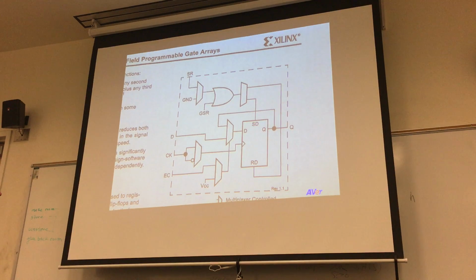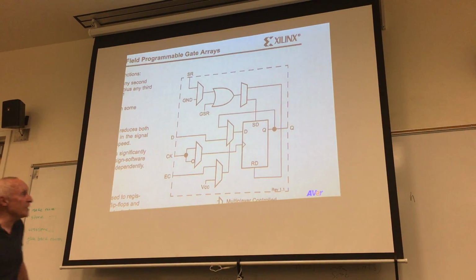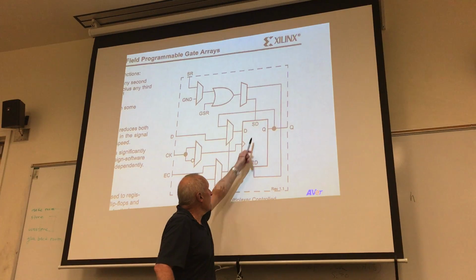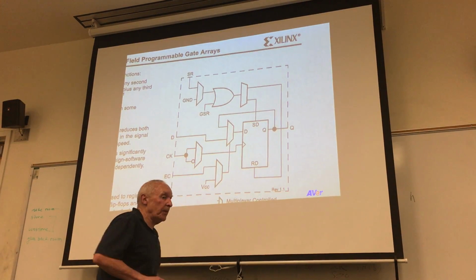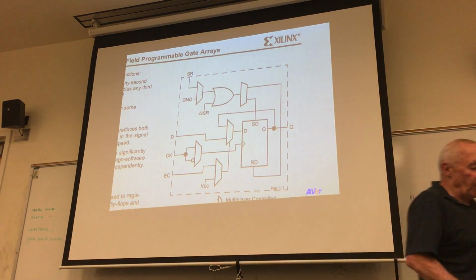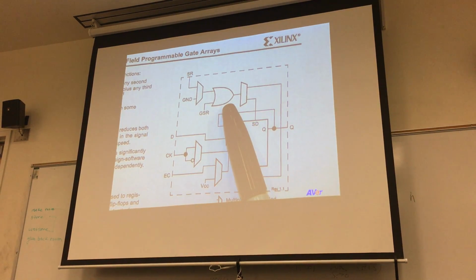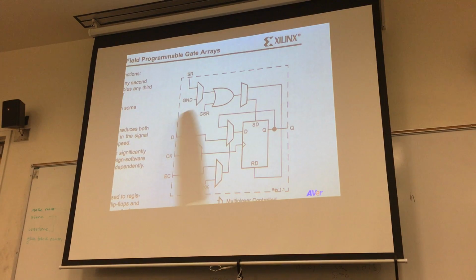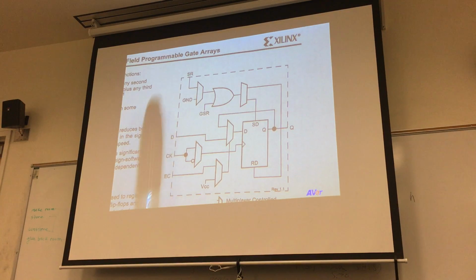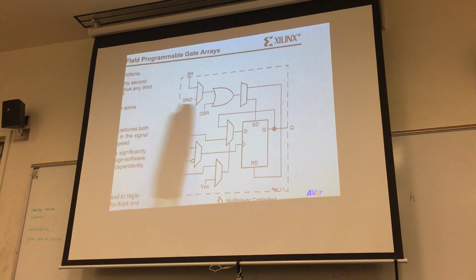You have a set or a reset. And if you look at the top up here, you have an OR gate. Depending on how you program this multiplexer, you can either have some external signal come in to set or reset this register, or you can have GSR, which is a global set reset.